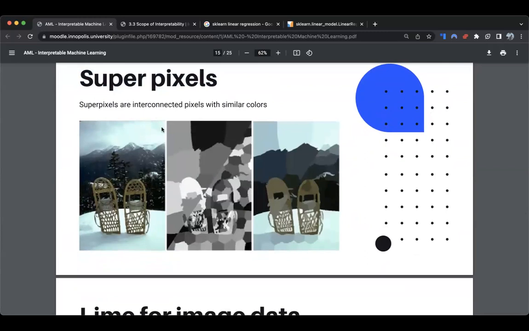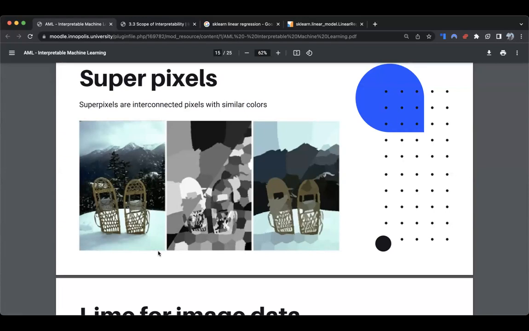So here, for example, this is snow, it has the white color and they are close together. So we will group this whole region together as one single region. And when we are trying to perform LIME, we either turn that region on or turn that region off and generate different types of pictures.